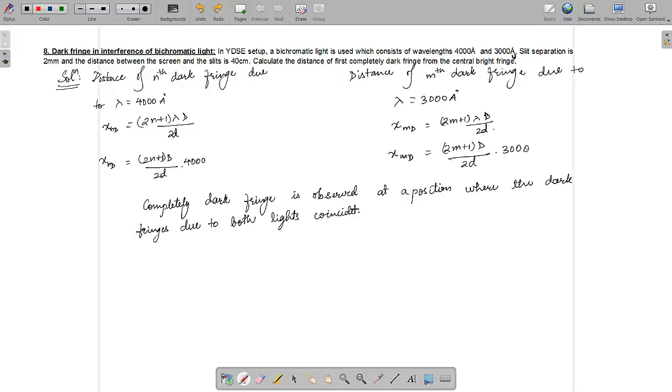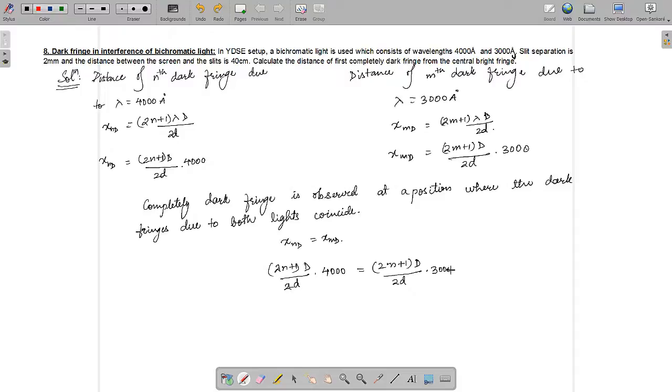Now the completely dark fringe will be where this dark fringe and this dark fringe coincide. So we can say the distance from the central maxima, x_nd, that is the distance of the dark fringe of the first wavelength, should be equal to the distance of the second wavelength, that is equal to x_md, for 3000.